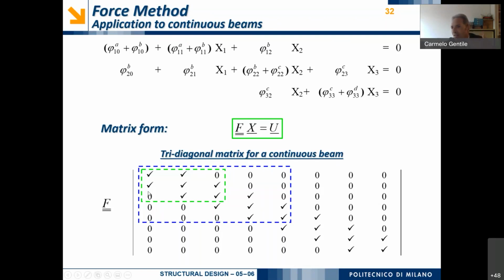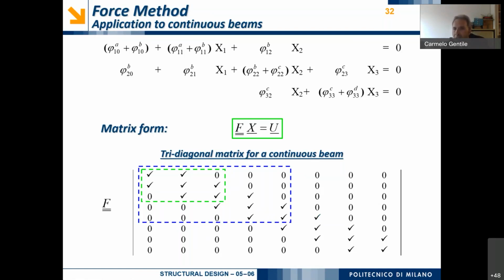If we increase the number of equations, because the number of redundant terms is increasing, we can observe that the maximum number of terms different from 0 is always equal to 3.